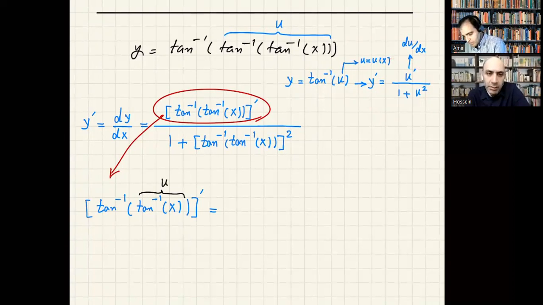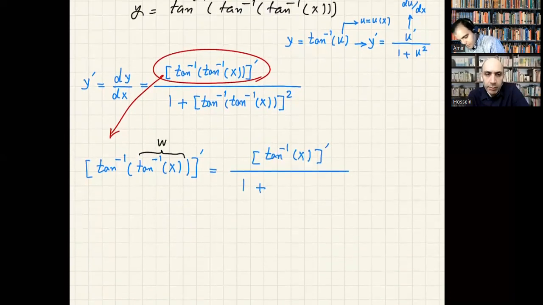Okay, I'll call it w. So w prime is the derivative of arctangent of x divided by 1 plus w squared, where w is arctangent of x.